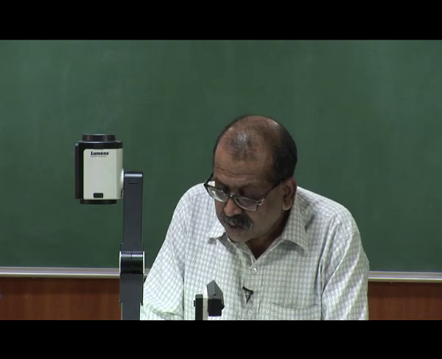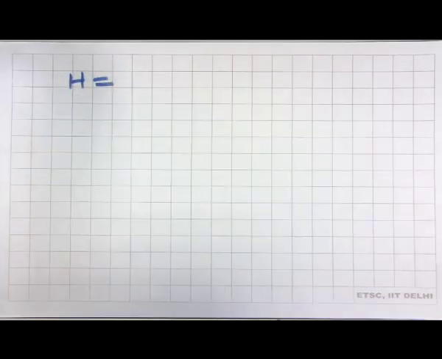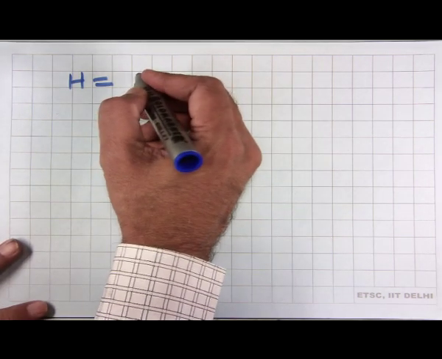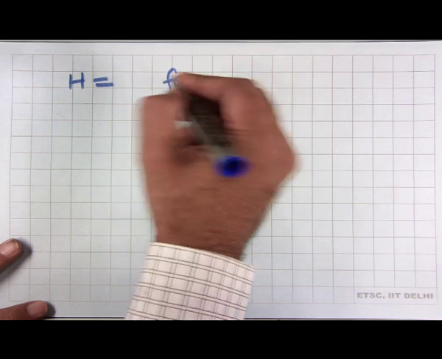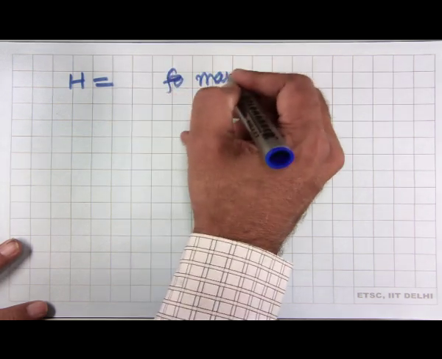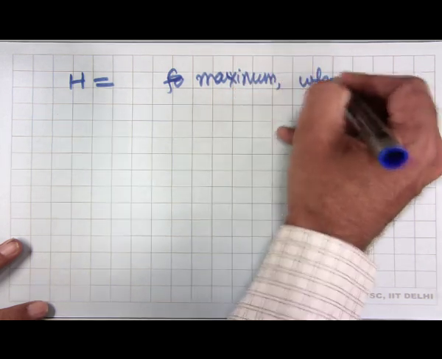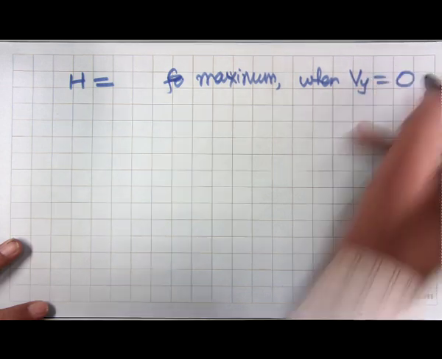The maximum height, this we showed in the last class also, is attained in a projectile motion when Vy is equal to 0.